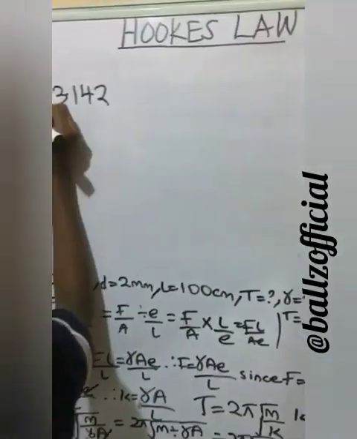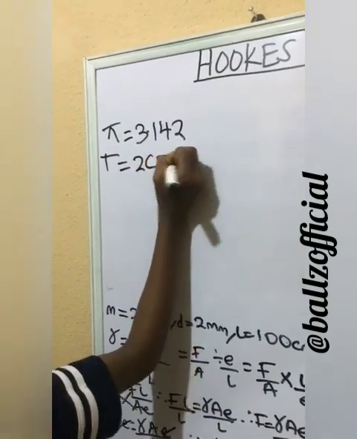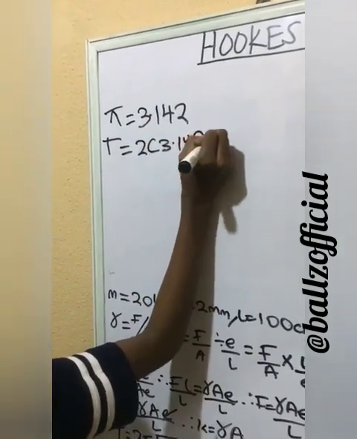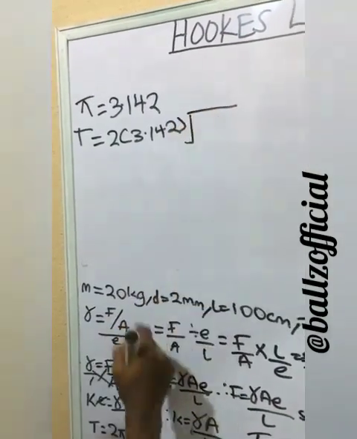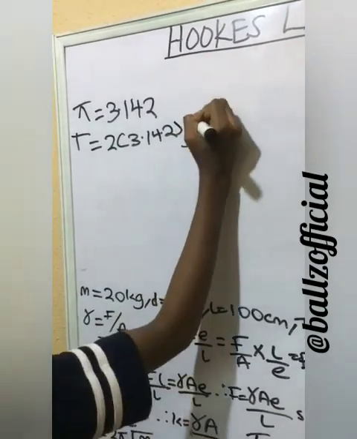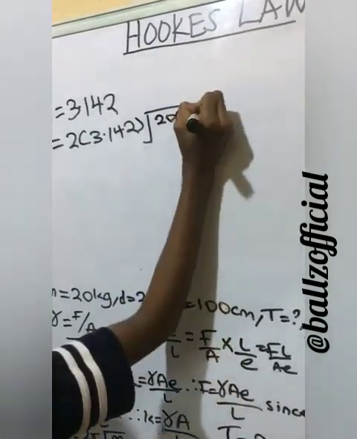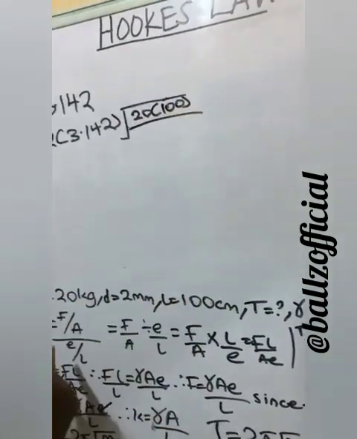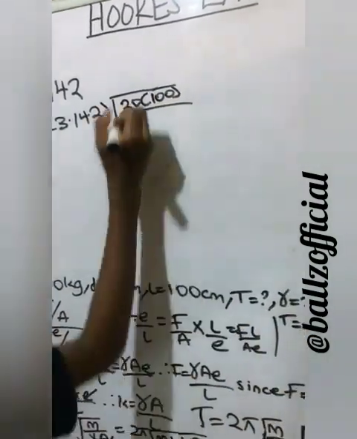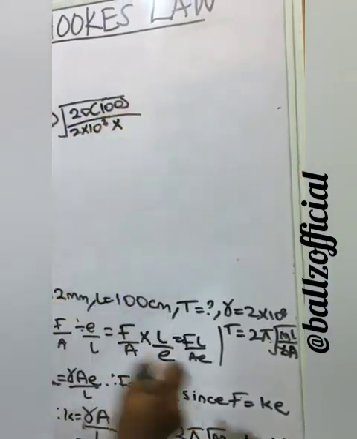Therefore, period is 2 times 3.142 root, the mass is 20 times the length is 100, all over Young's modulus, which is 2 times 10 raised to the power of 8, and then times the area, which we don't know.